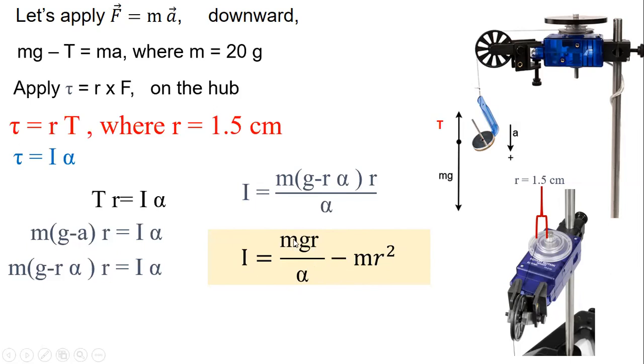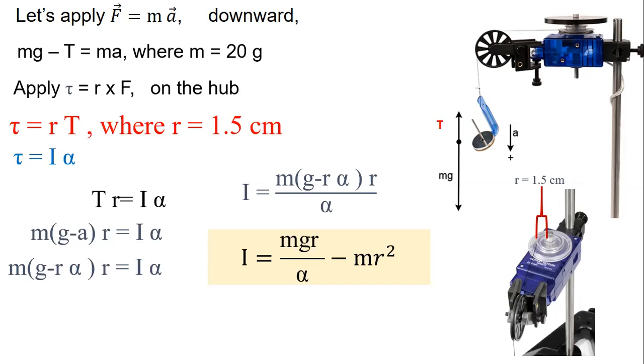Now, do we know m? This m is the hanging mass, so it is 20 grams. And g, that's the gravitational acceleration. In this lab, we're going to use the gravitational acceleration as 980 centimeters per second squared.